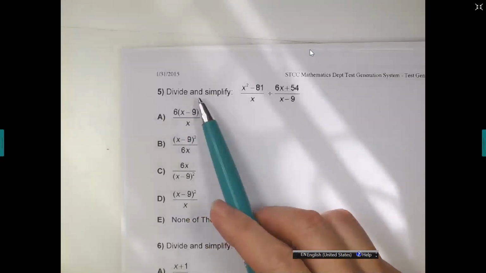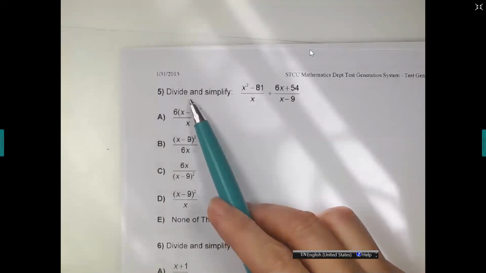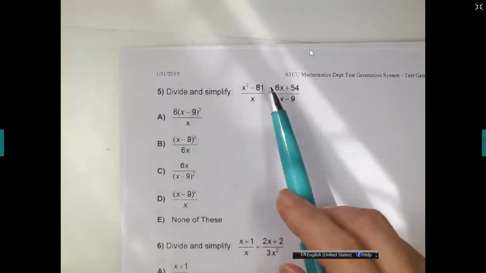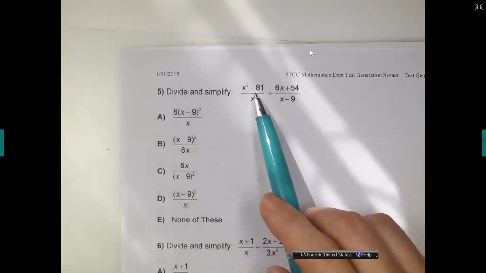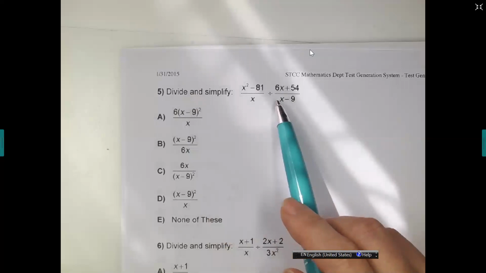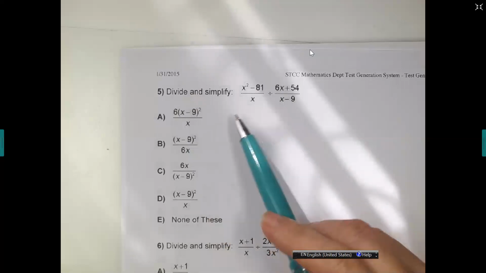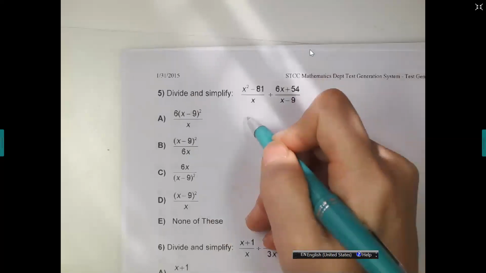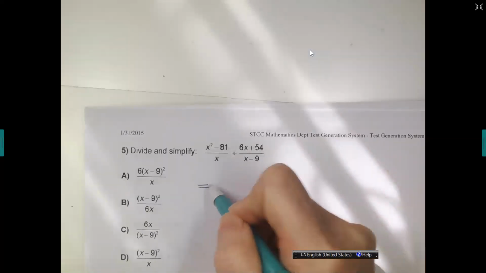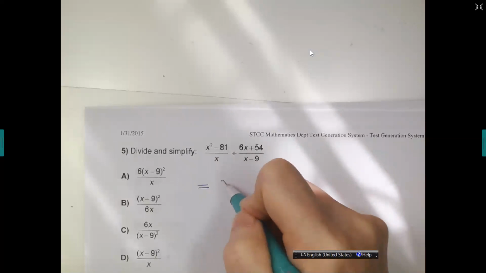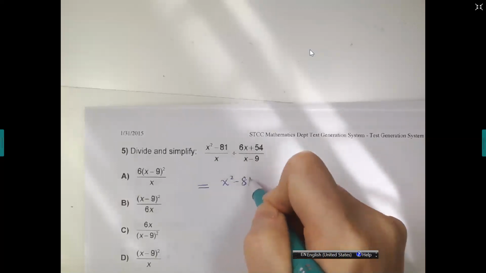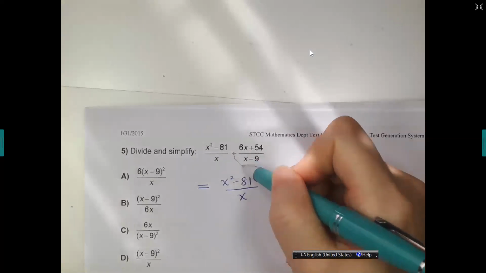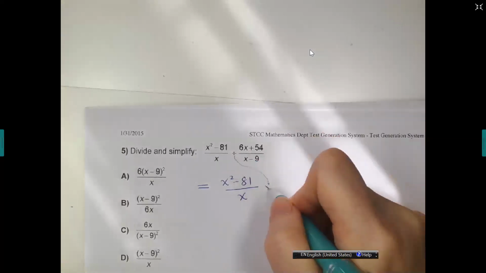To do the division problem, we just need to do one more step. So we don't do the direct division, and we just need to convert the division into multiplication. And see what we have here. I have the first rational expression, always remain the same. You don't do anything else. Copy it.